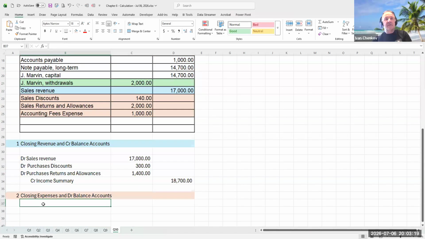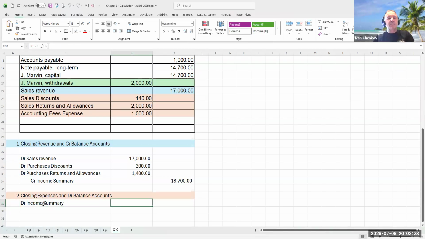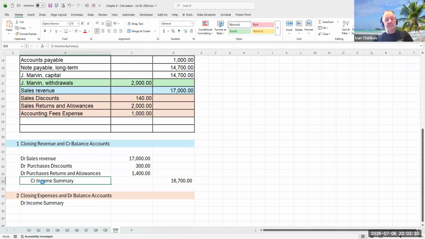So first, we're going to debit income summary. We'll see which amount, and let's start creating now.